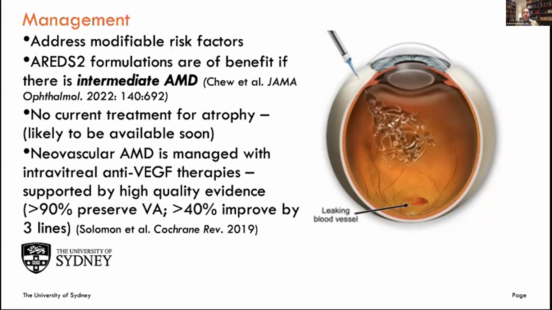This is a combination of vitamin C, vitamin E, copper, and zinc, with the addition of the flavonoids lutein and zeaxanthin. These are pigments that are normally concentrated at the macula. This lowers the risk of progression from intermediate AMD to wet AMD by around 26%.